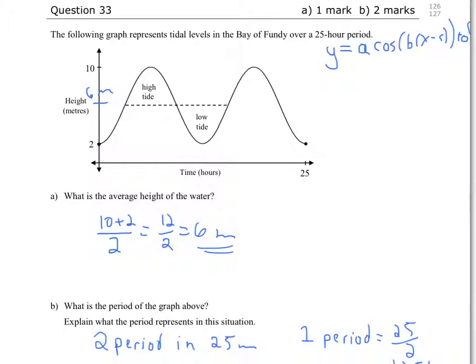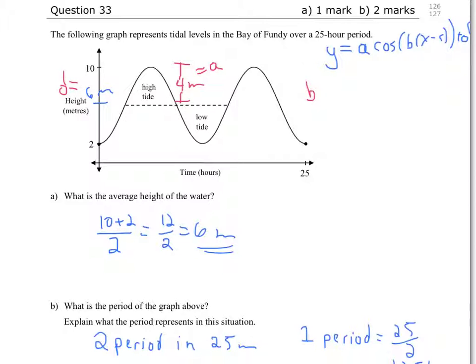A represents the amplitude. In this particular graph, or any graph, it's the height from the center to the top. So we go from 6 to 10 meters. The amplitude is 4 meters. The 6, which you've already found, is the center of the graph, so that is our d value. The value for b is 2 pi divided by period.